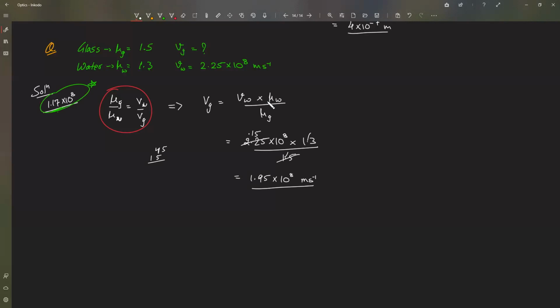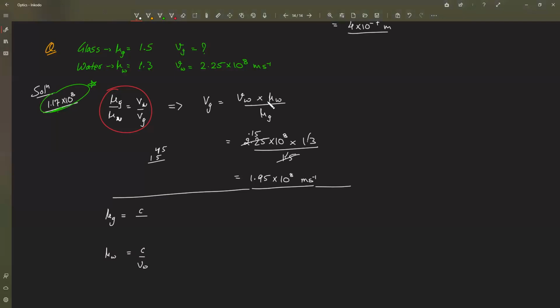So let's now try with the method which you have followed. What you have followed is that mu of water is already given, and mu of glass is also given, right? So mu of water is c divided by velocity in water.